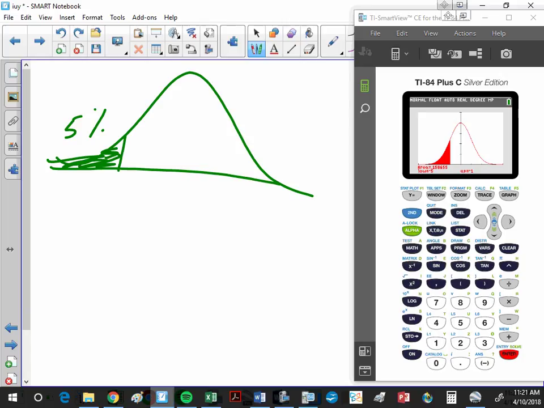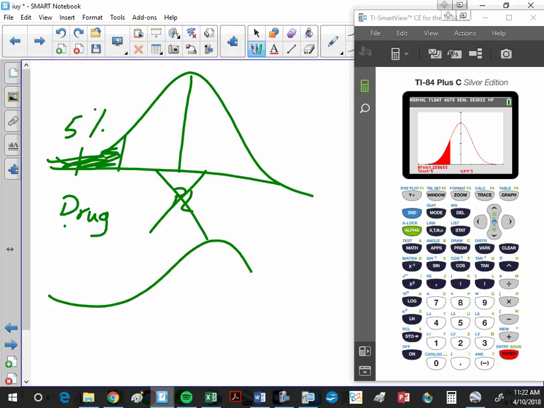Okay? That way you could see, so this is the placebo and this is the drug. That means the drug worked, right? If we can reject the placebo and accept the drug, that's a good thing. But whenever they do medical tests, they usually do 1%. And then this will be the placebo, and we're hoping to land the drug in there.